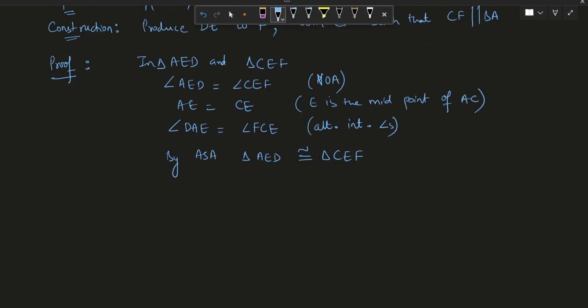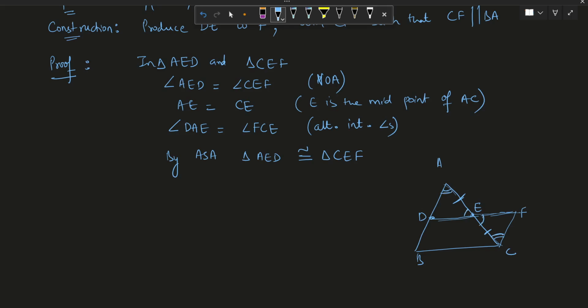I'll just draw the figure again over here for quick reference. A, B, C, D and E are the midpoints. Produce it to F and you join it. This is F. So I have proved triangle AED congruent to triangle CEF because AE equals CE, this angle is vertically opposite to this angle, and the alternate interior angles are equal.